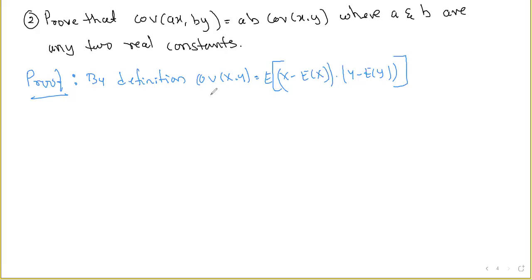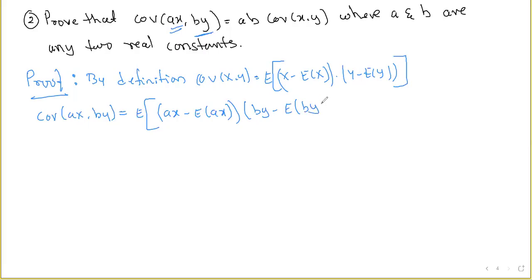Accordingly we just need to change the formula. So covariance of ax comma by is equal to expected value of, instead of x, we have ax minus expected value of ax. Next, instead of y, we have by minus expected value of by.